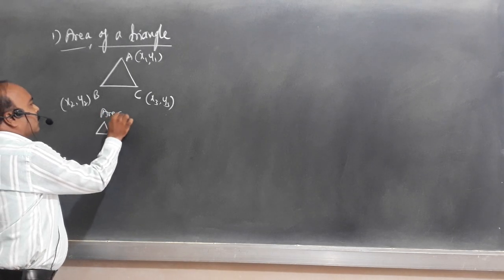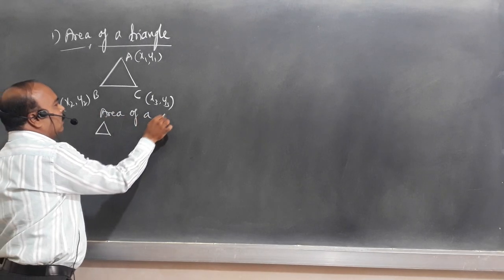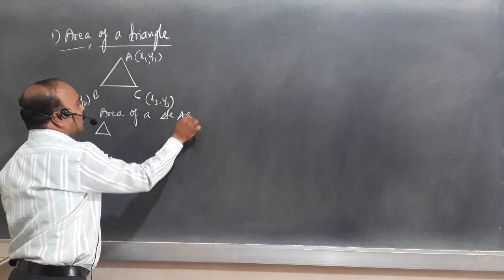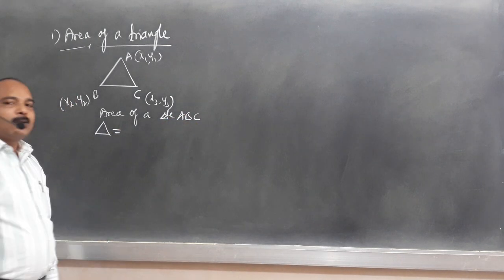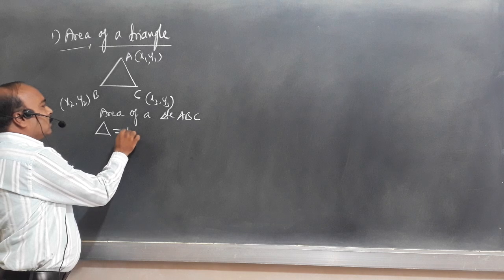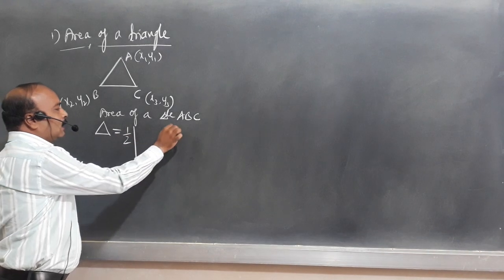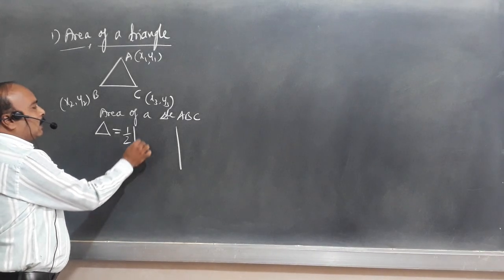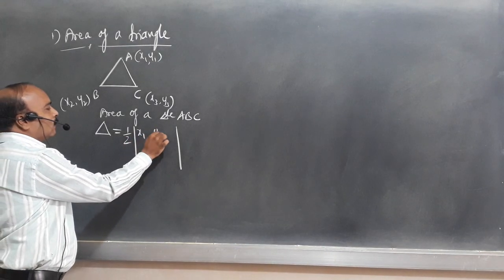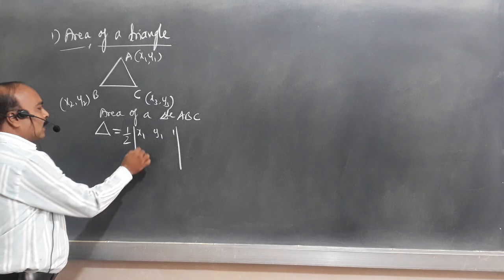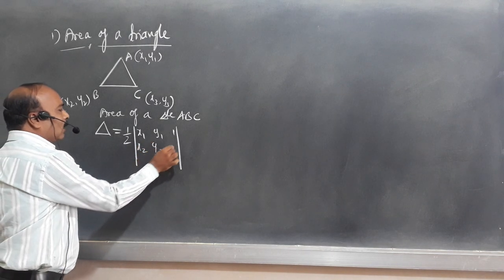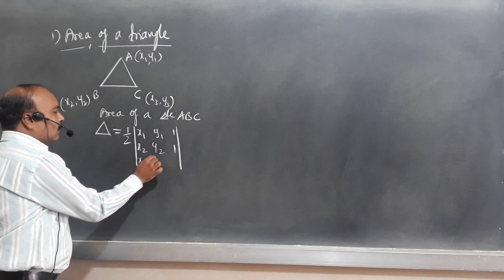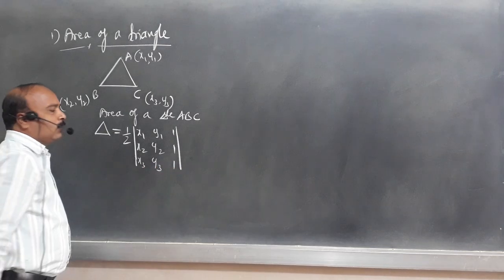Now the area of triangle ABC, that is delta, is given by 1 by 2 times the determinant value. In the determinant, first row we take x1, y1, 1, second row x2, y2, 1, third row x3, y3, 1.